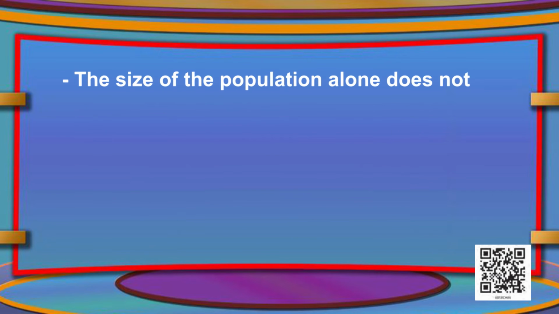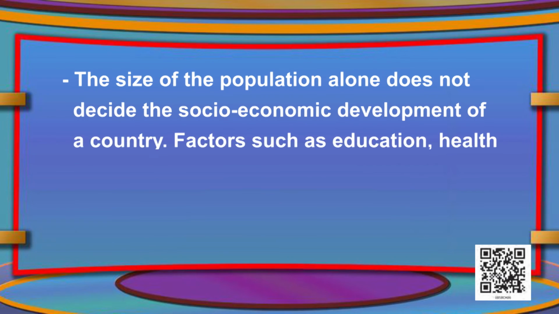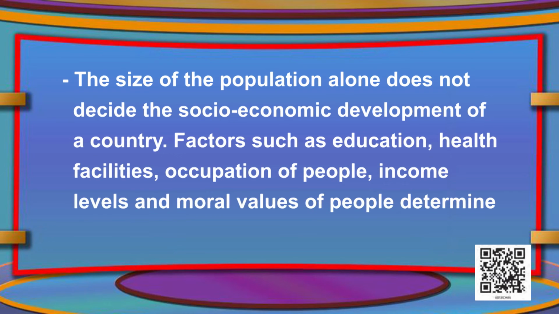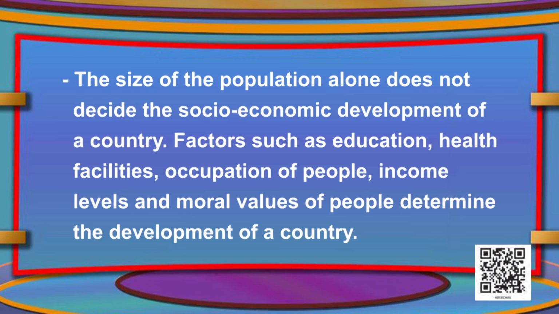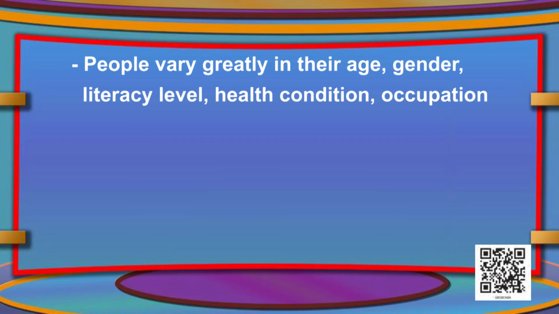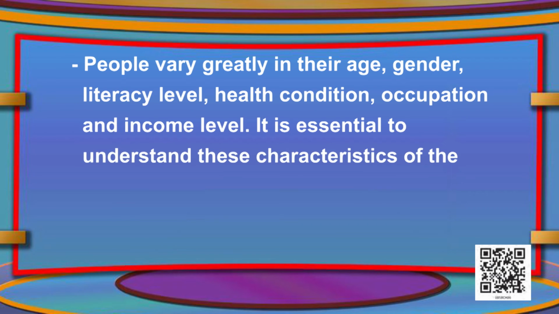When people move into a new place in search of better living, employment, etc., then it is called immigration or in-migration. The size of the population alone does not decide the social and economic development of a country. Factors such as education, health, occupation, income levels and moral values determine the development of a country. People vary greatly in their age, gender, literacy, health, occupation and income.